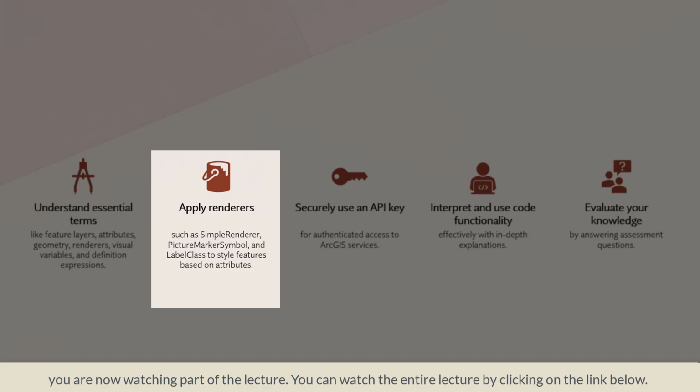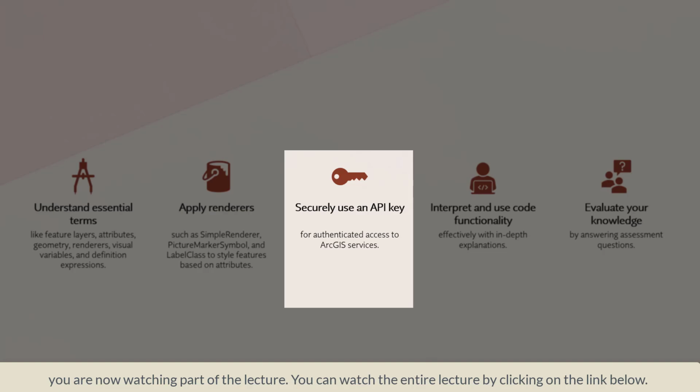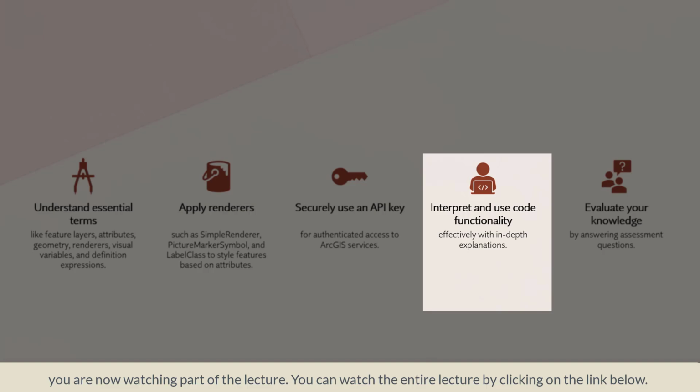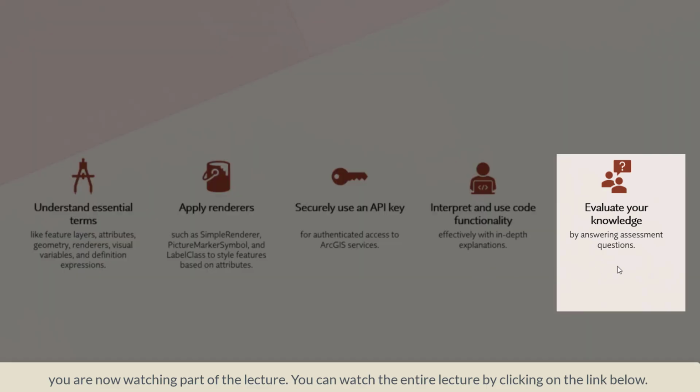Apply renderers such as SimpleRenderer, PictureMarkerSymbol, and LabelClass to style features based on attributes. 3. Securely use an API key for authenticated access to ArcGIS services. 4. Interpret and use code functionality effectively with in-depth explanations. 5. Evaluate your knowledge by answering assessment questions.